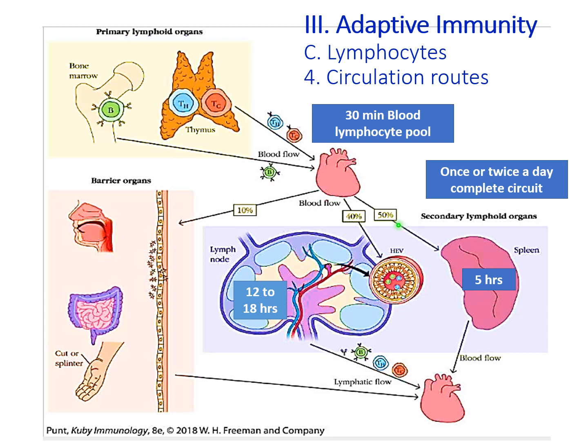They stay there for approximately 5 hours, and an almost equal proportion of lymphocytes enter various lymph nodes, around 40%, where they remain scanning the environment for about 12 to 18 hours.